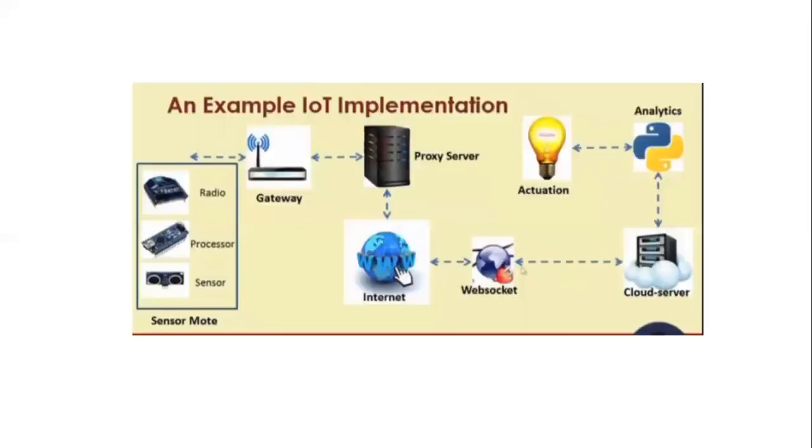Next one. This is one of the best examples to show how your IoT works and how the data flows in your IoT. Let's take an example. We want to make a system in which we want to switch on or switch off our bulb automatically, and it has a large network.